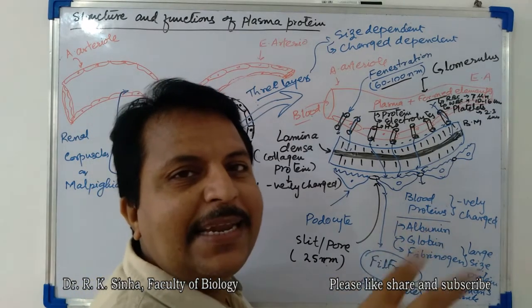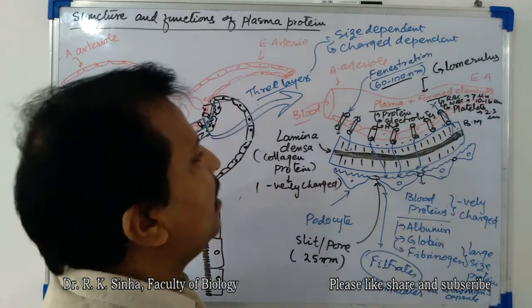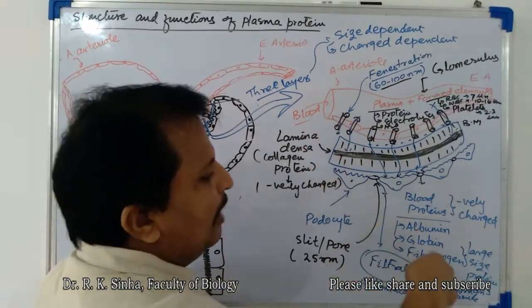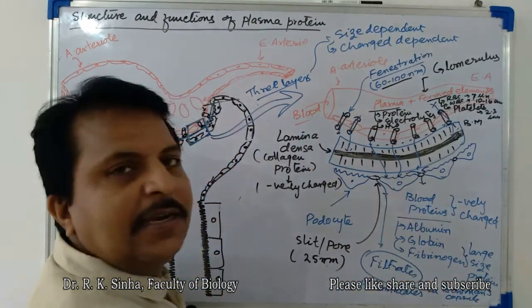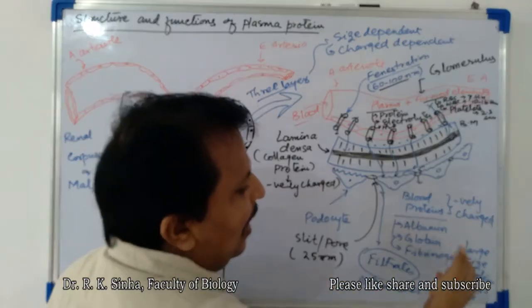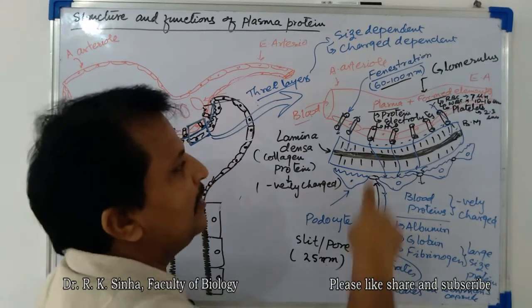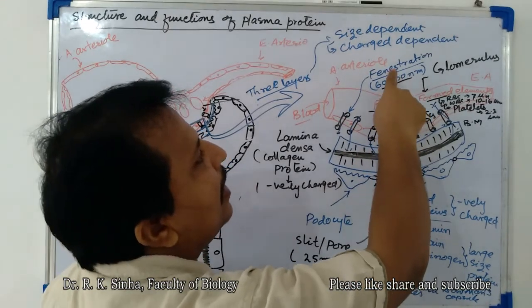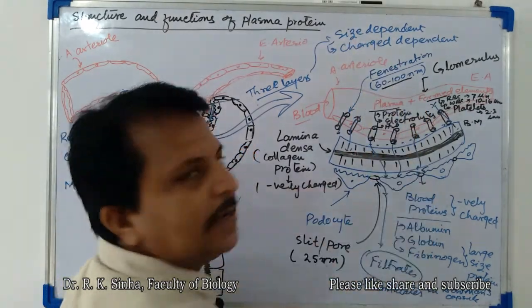First it will repel the negatively charged particles. So all the blood proteins are negatively charged proteins. First of all, the large size, because these fenestrations are size dependent and charge dependent.